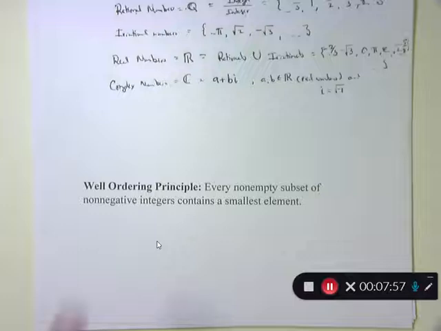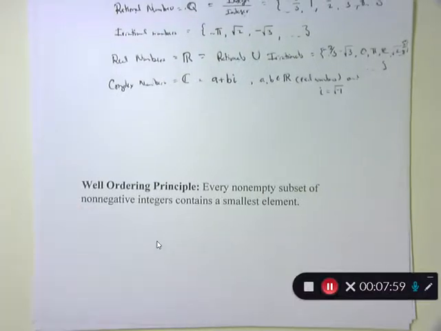So as long as they're non-negative, you can always get a smallest element. What would the smallest element be? If they're non-negative, it's going to be 0. If 0 is not in your set, then try 1. If 1 is not in your set, then try 2. Go all the way up. Eventually, you're going to hit something that's in your set. So every non-empty subset of the non-negative integers will actually contain a smallest element.